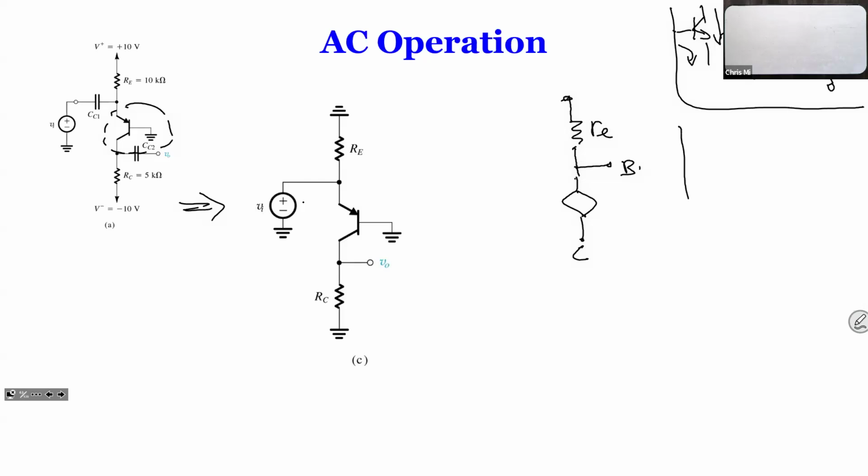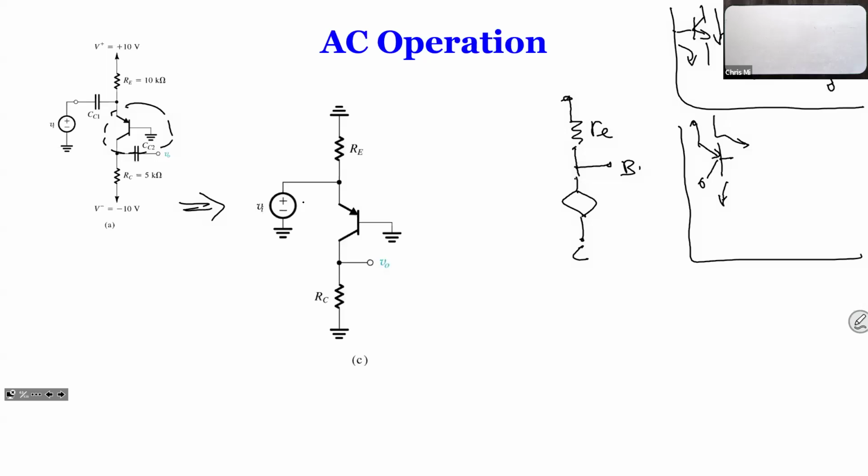So for BJT, the current actually goes this way. So the only difference is actually in the base. So the base current comes out of the base instead of going into the base. So for the NMOS it goes into the base, but this goes out of the base. And also the current goes from E to C instead of from C to E, right?